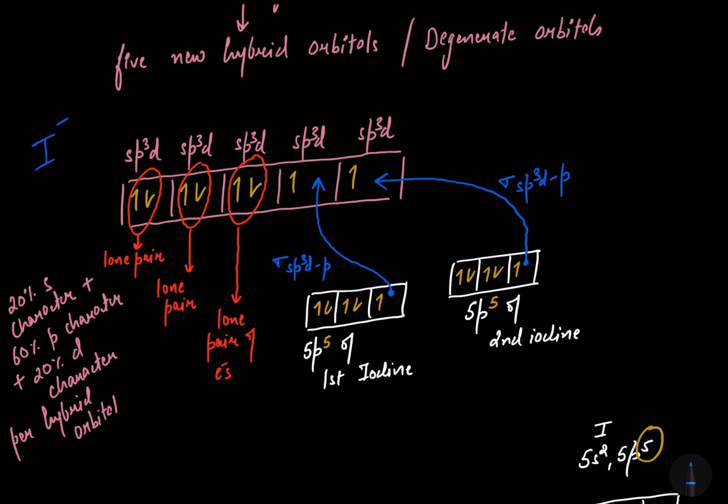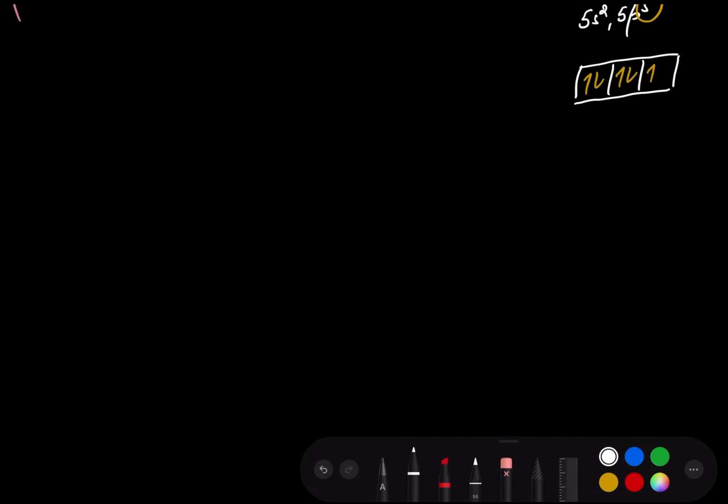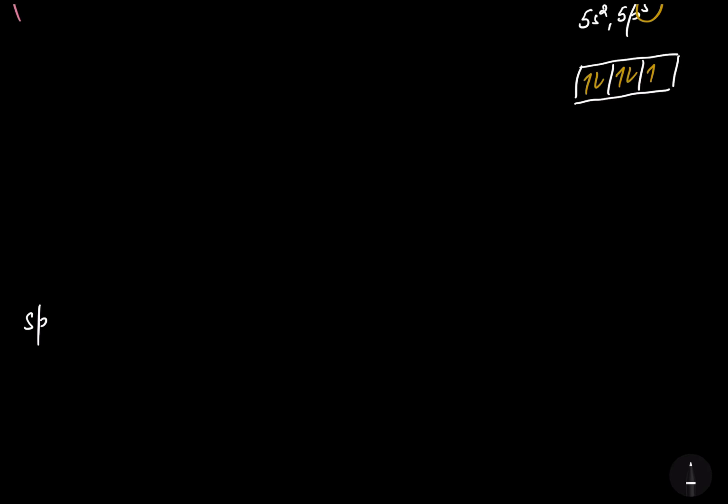Now let's talk about the structure of the tri-iodide ion. Which hybridization we got? We got hybridization to be sp3d. What's the standard structure of sp3d? That's trigonal bipyramidal.